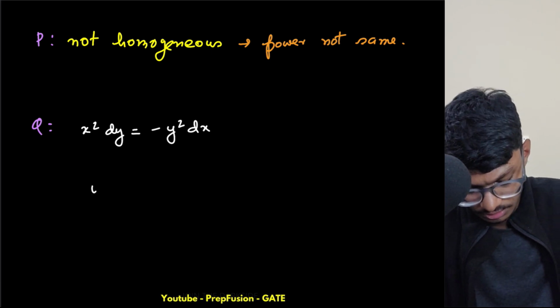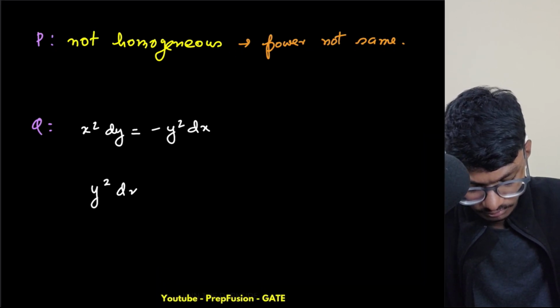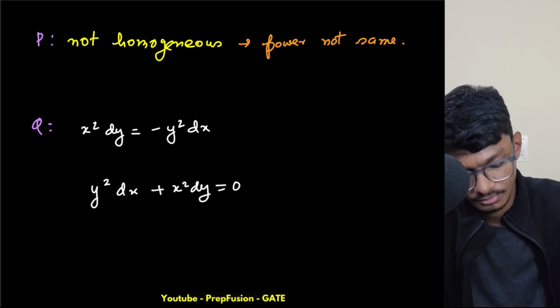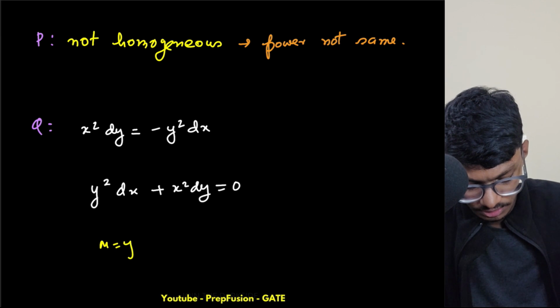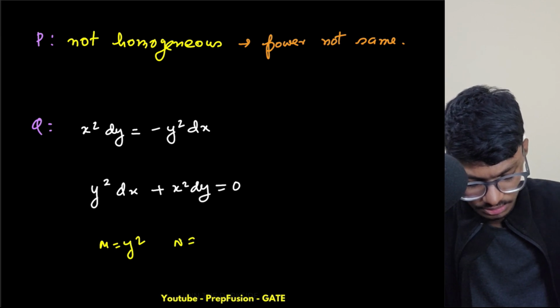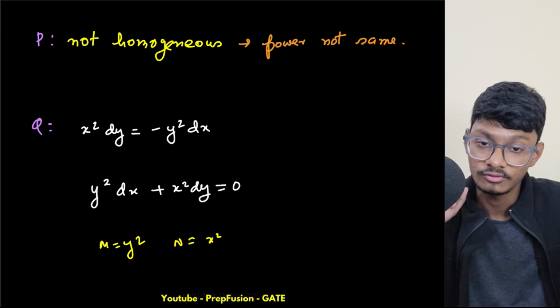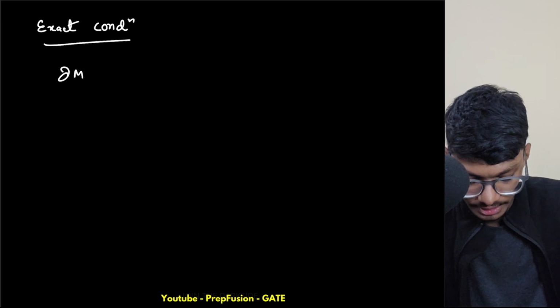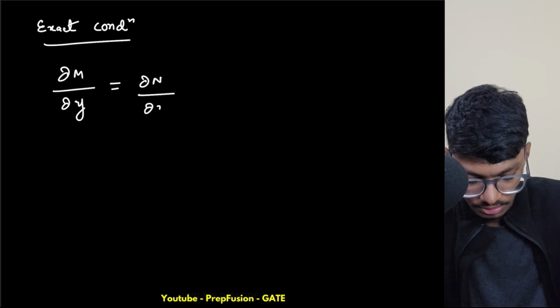So it is y square dx plus x square dy equals 0. Now my M is y square, my N is x square. Now what was the condition for exactness? The exact condition: del M del y should be equal to del N del x.